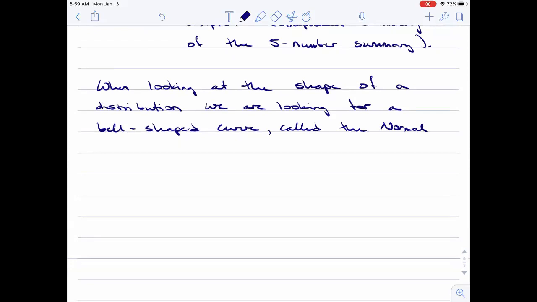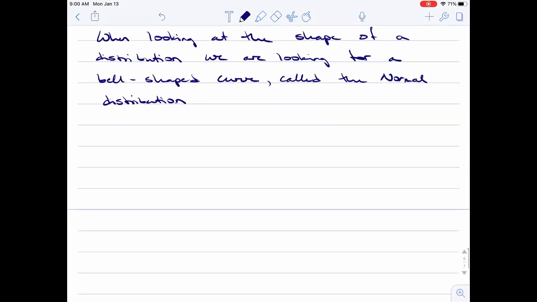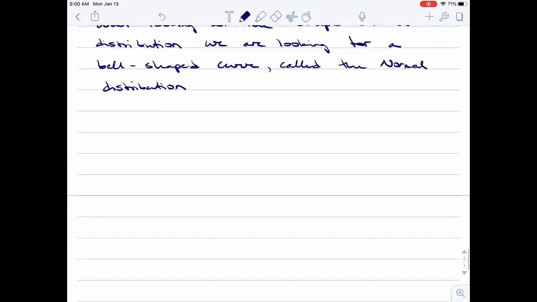So it gets confusing, because, oh, that's normal, but Normal actually means a distinct shape. Just like a circle is a distinct shape, a square is a distinct shape, a normal distribution is also a distinct shape. Also called the normal distribution. Let's see if I can draw it.